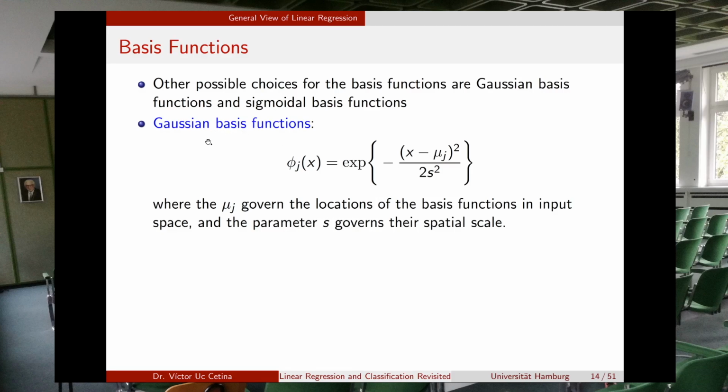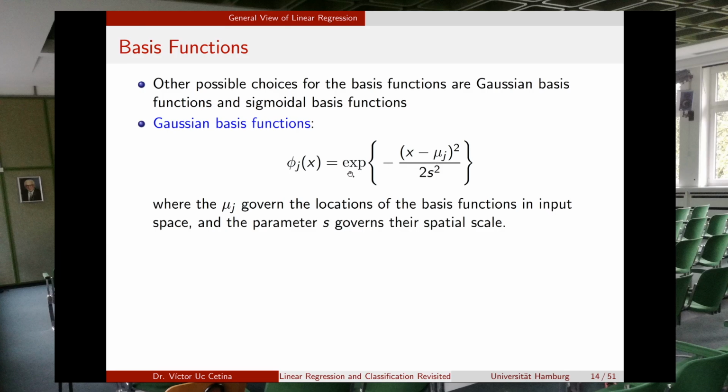In the case of the Gaussian basis functions, it takes this form. This is the e number, the exponential of x, that is the point that you are going to use to update your parameters, and this mu is the center or the mean of the exponential.